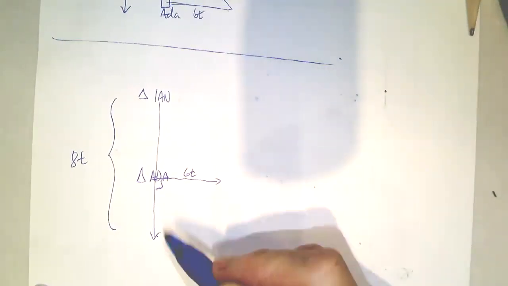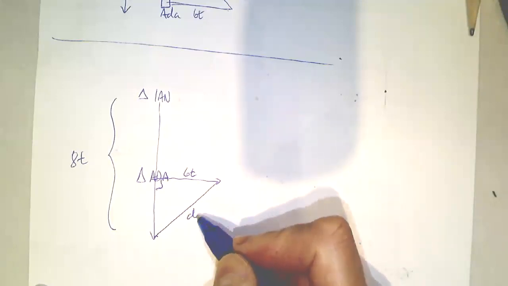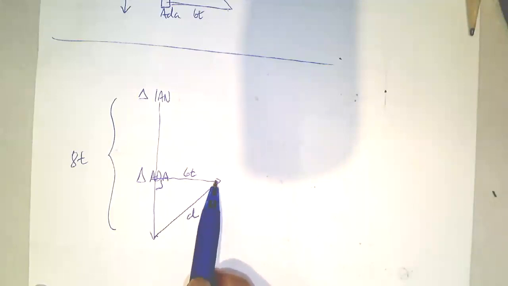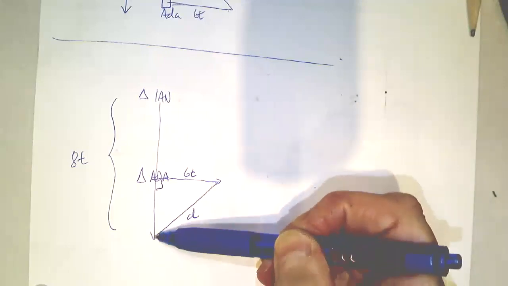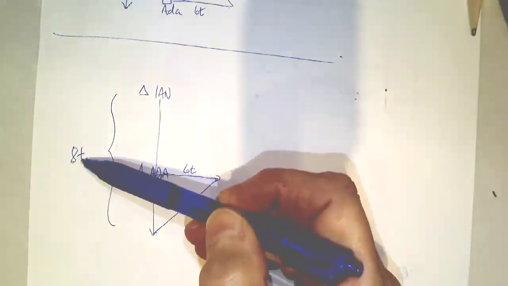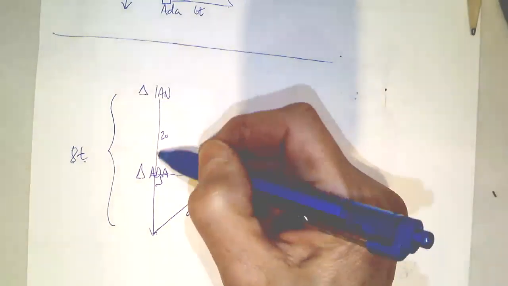But here's the cool part. Remember that you make a right triangle and you call the distance between them d. There's the variable representation of that side. We need a variable representation of this side of the triangle. Now the whole distance was 8 kilometers per hour times t hours. This distance up here is 20.